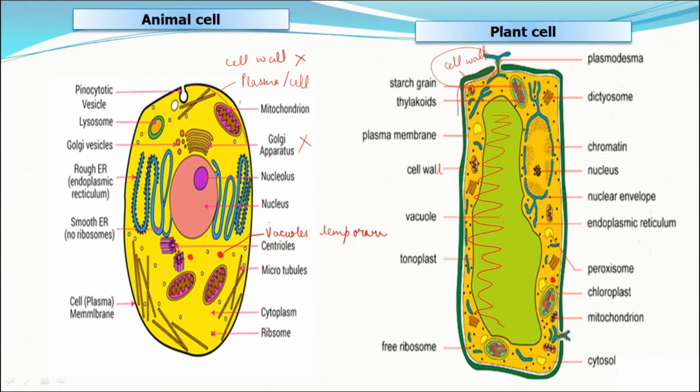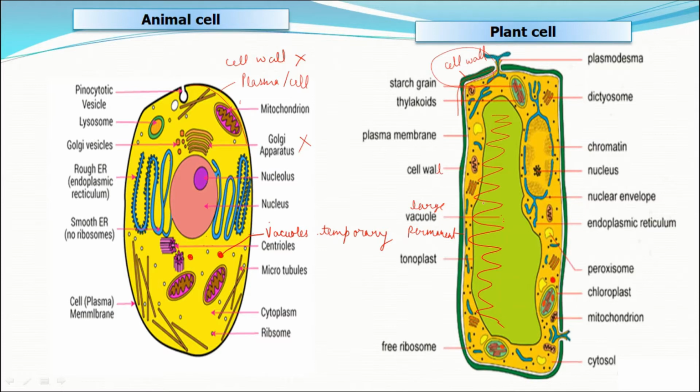Are you getting it? This is the second major difference between animal cell and plant cell: in animal cell, small and temporary vacuoles are present, whereas in plant cell, a large central and permanent vacuole is present to maintain its rigidity and turgor pressure.